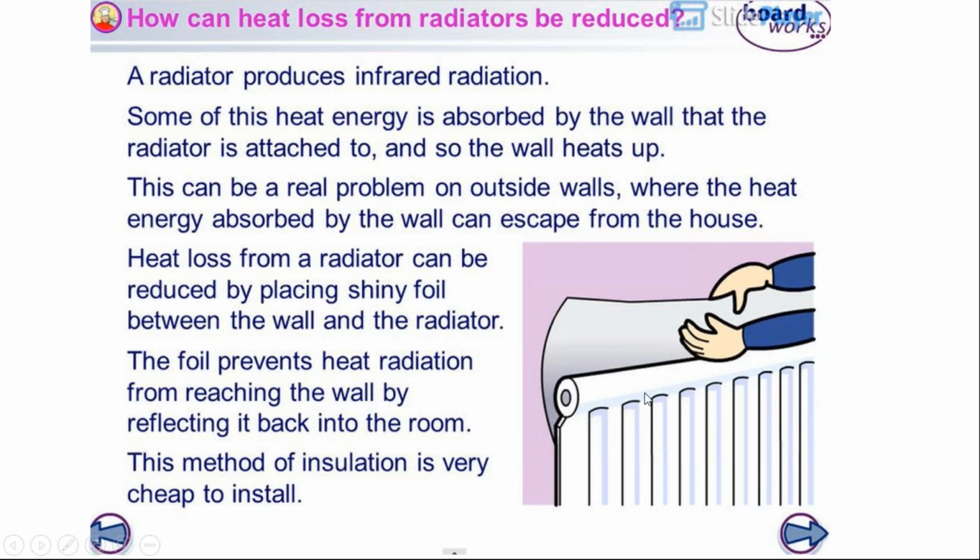the back part of the radiator gives energy to the wall, and in this way the radiation can escape from the house. In order to prevent this, some people use shiny foil, because you know that shiny foil is shiny and smooth, and radiation can be reflected from it back into our house.